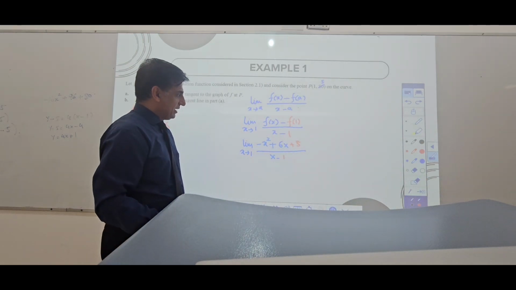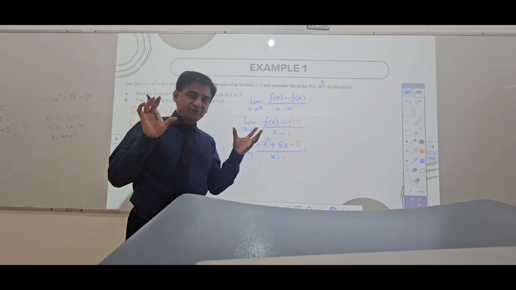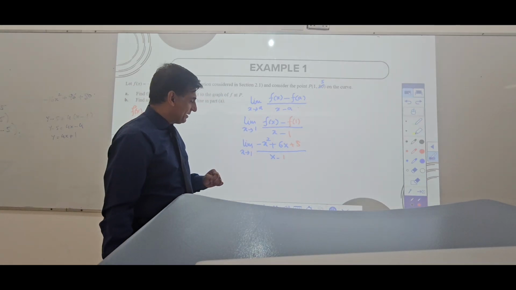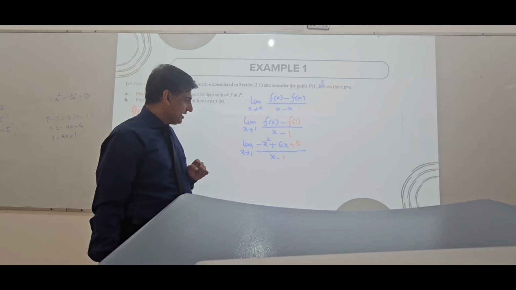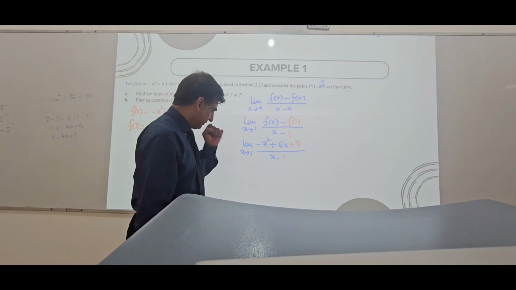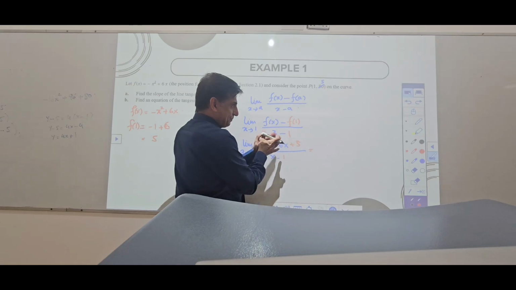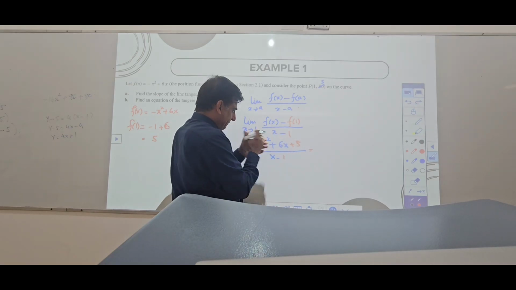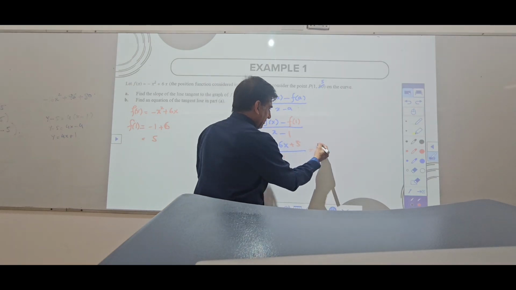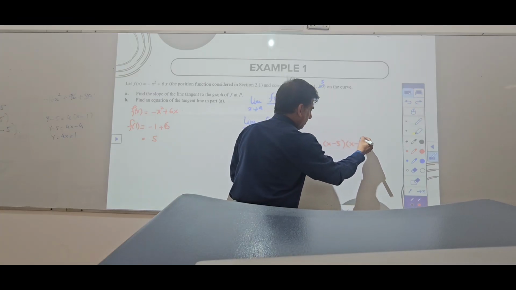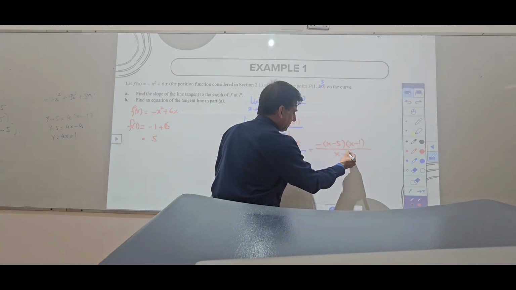All right. What we're going to do now is recall how we solved such limits analytically. So if I simply factorize the numerator, I should have minus (x minus 5)(x minus 1), all divided by x minus 1.